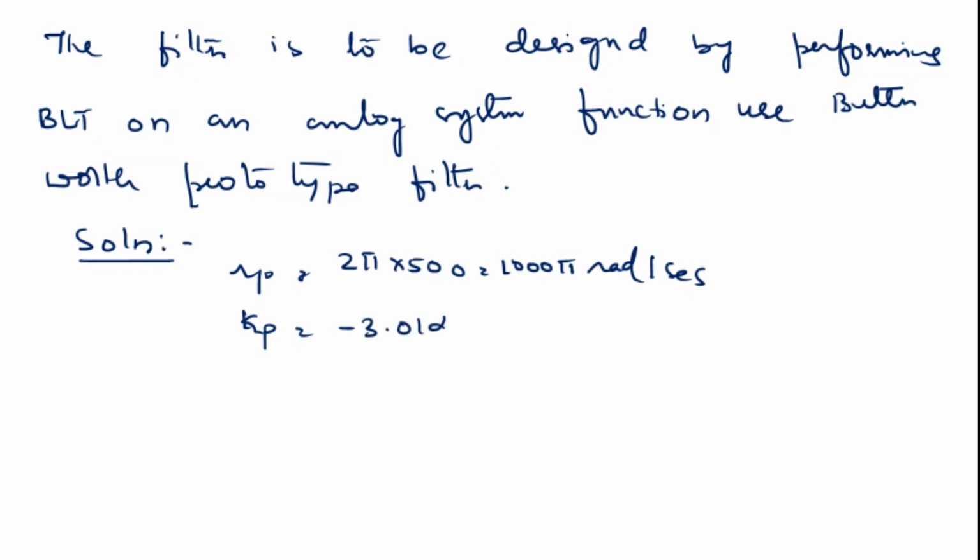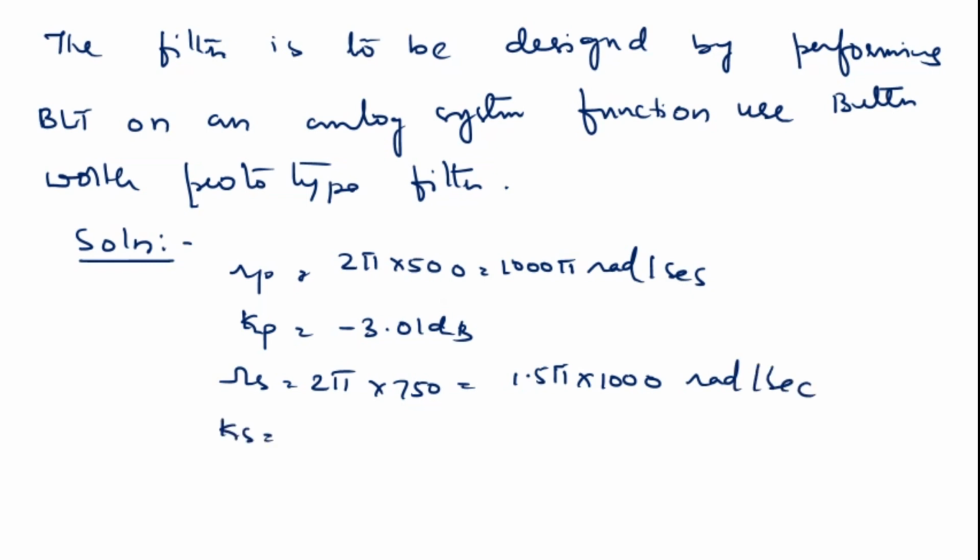Ohm S is 2 pi into 750, which is equal to 1.5 pi into 1000 radian per second. Ks is equal to minus 15 decibels. And also T value is given, 1 divided by Fs, that is 1 divided by 2 kilohertz seconds.